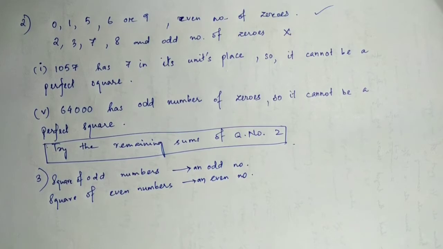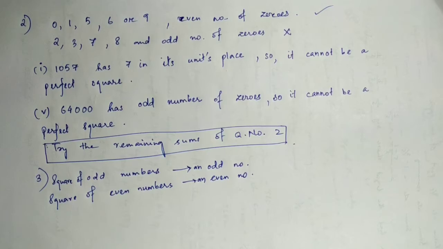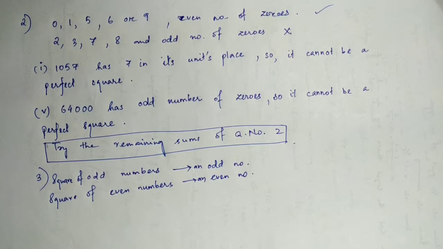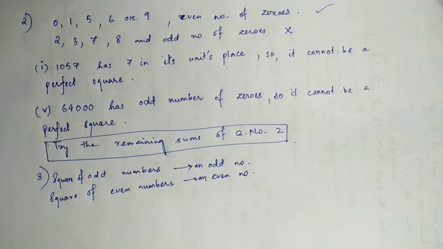Now you see here 4 numbers are given: question number 1, 2, 3 and 4. Number 1, that is 431, and number 3, that is 7779, are odd numbers, and the other 2, that is 2826 and 82004, are even numbers. I want to know the squares of which numbers give me odd numbers.